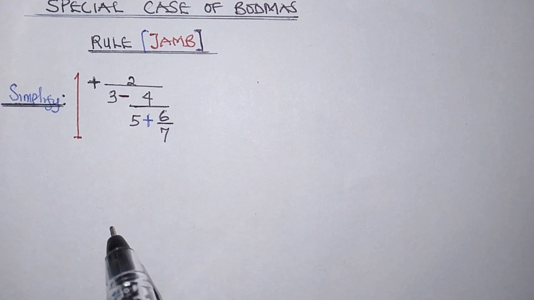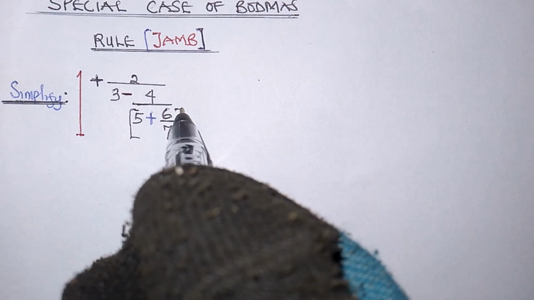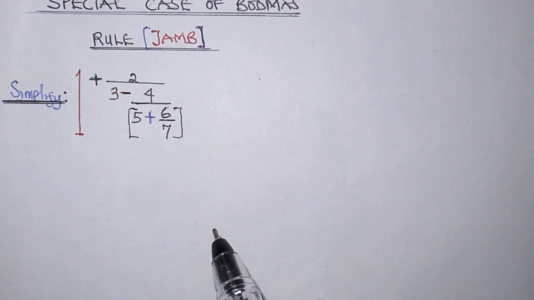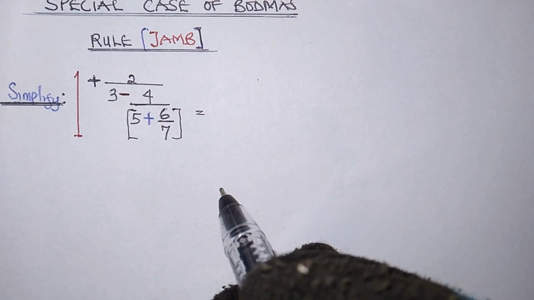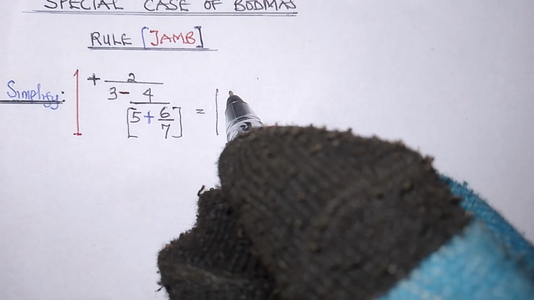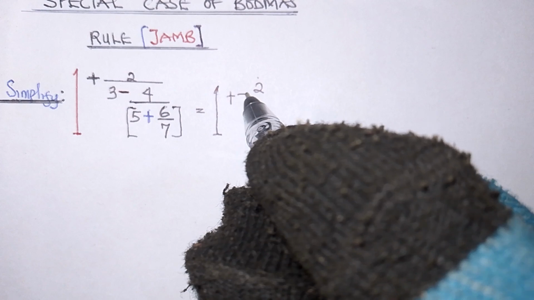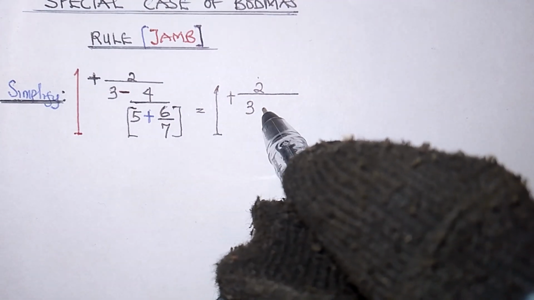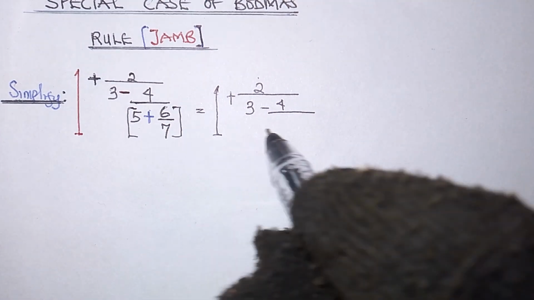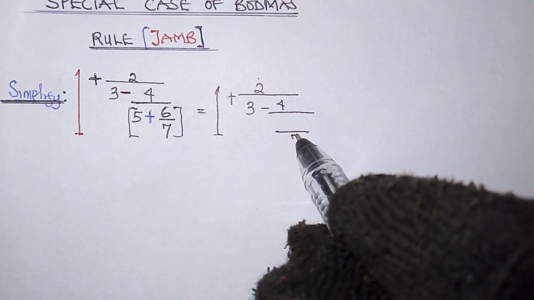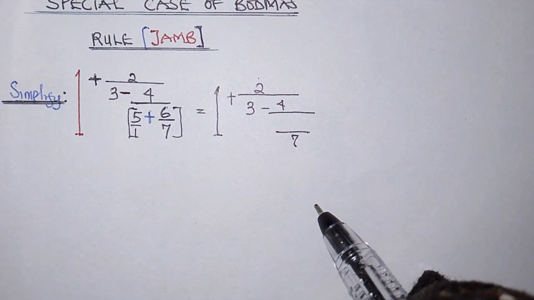So let's simplify. Whenever we simplify, we start from the lowest denominator there. If we start from there, we continue by saying that the whole number still remains, added to 2 divided by 3 minus 4 all over, we know that the LCM is 7, since this whole number has a denominator of 1.